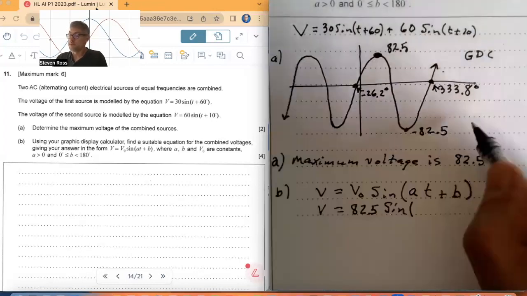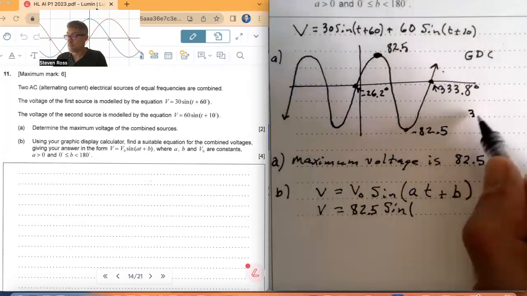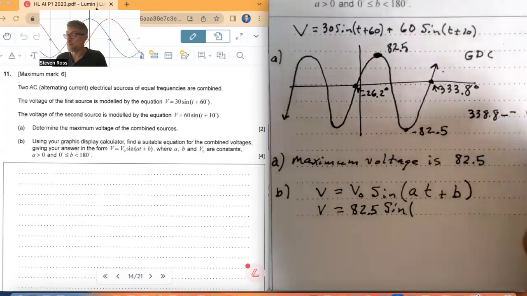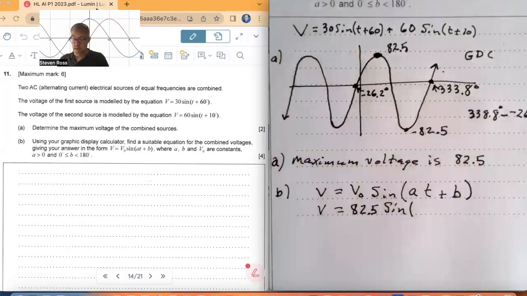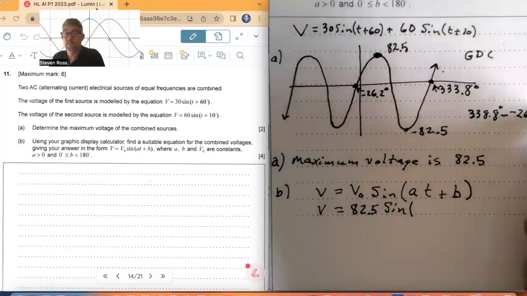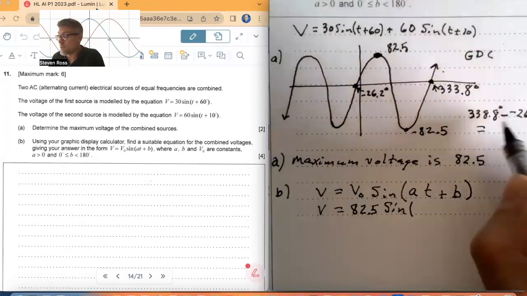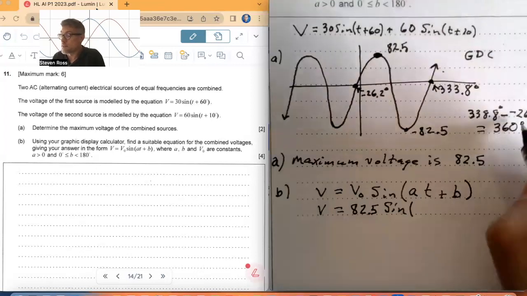All right. So if I take the 333.8 and I subtract a negative 26.2 degrees, the minus a negative is really a plus 26.2. 333.8 plus 26.2 is equal to 360 degrees.